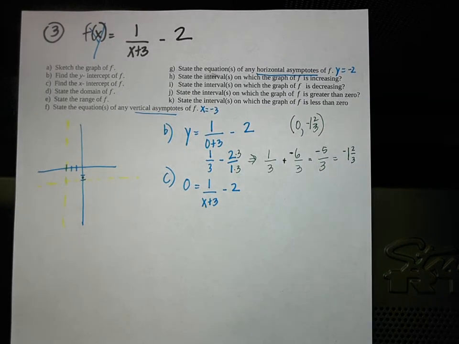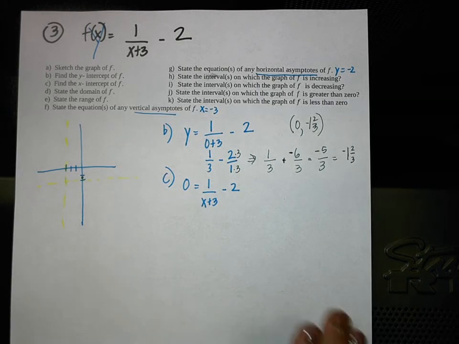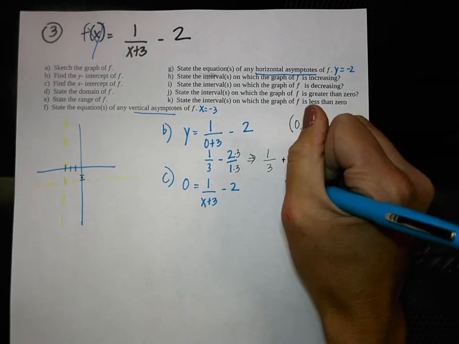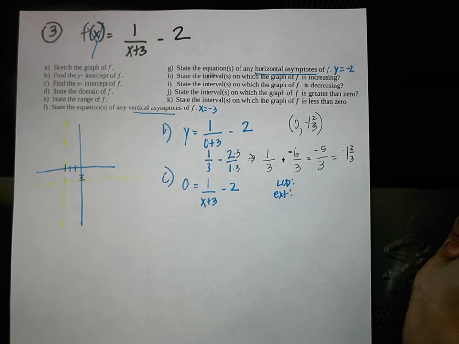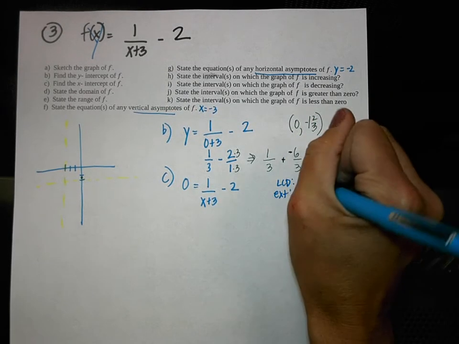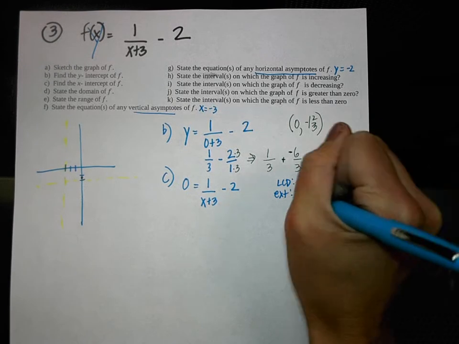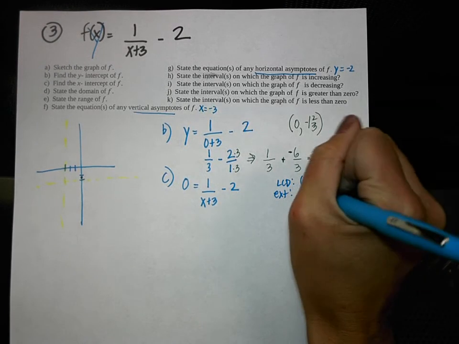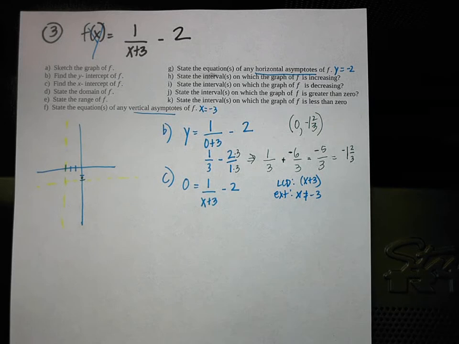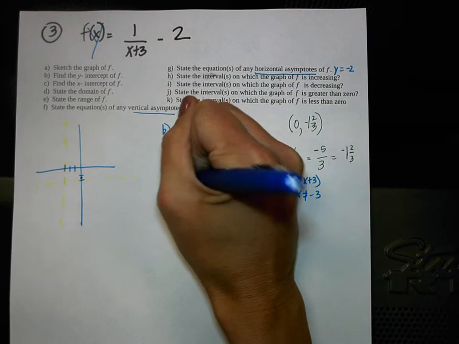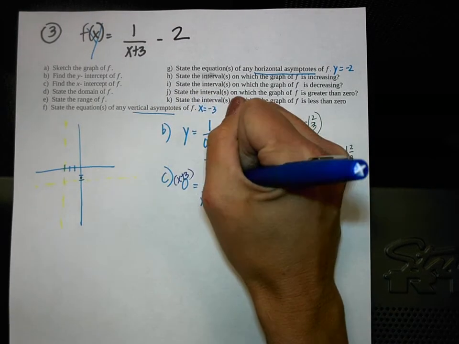We solve this one just like we've been doing almost all of our fraction equations this unit, and that is by finding the LCD and our extraneous solutions. And so what is my LCD on this problem? Good, x plus 3. And my extraneous solutions would be, very good, x cannot equal negative 3. So now I'm going to multiply every term by x plus 3.